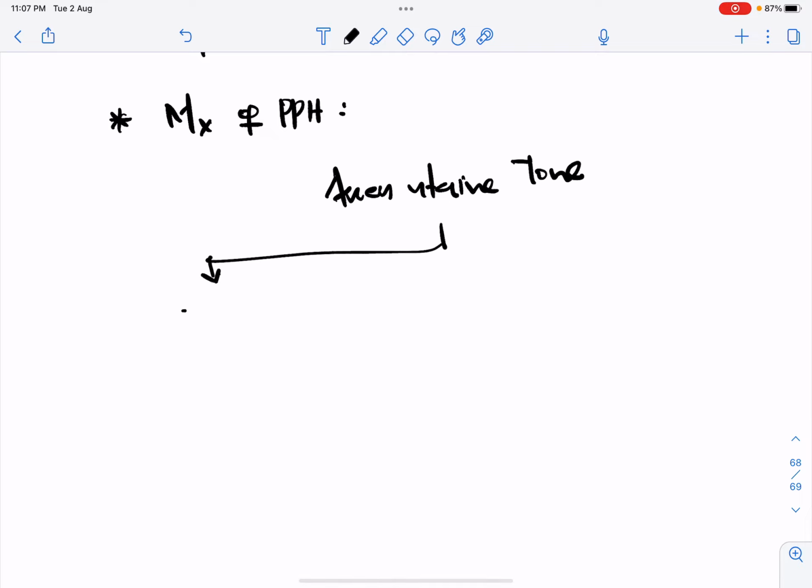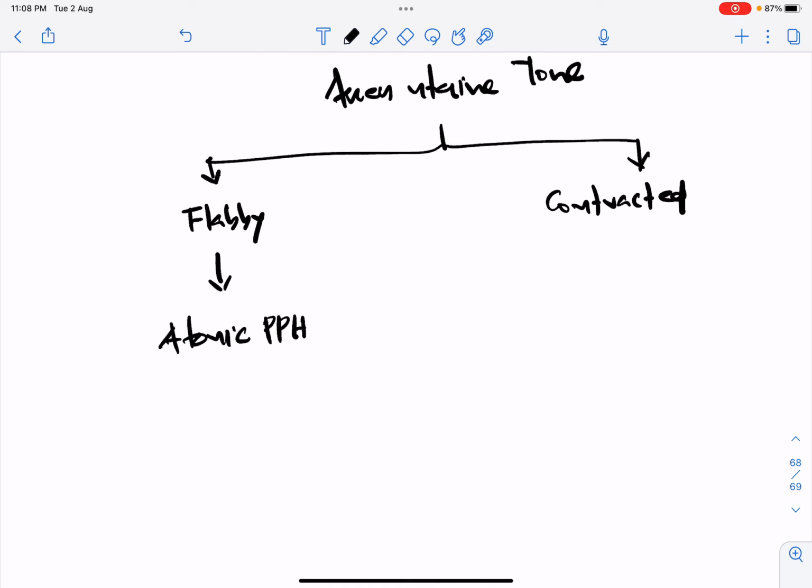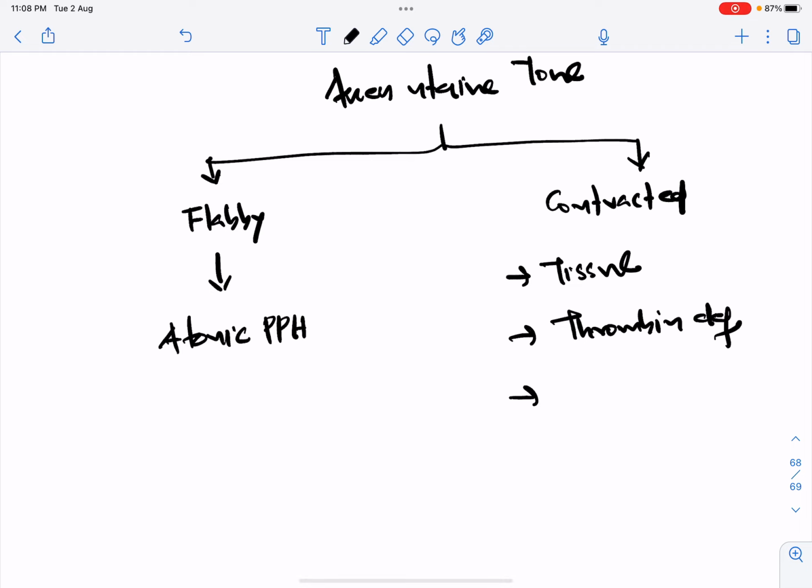It can be either flabby or contracted. If it is flabby, the cause is atony, or it is atonic PPH. If it is contracted, the cause can be either retained tissue, thrombin deficiency, or trauma.